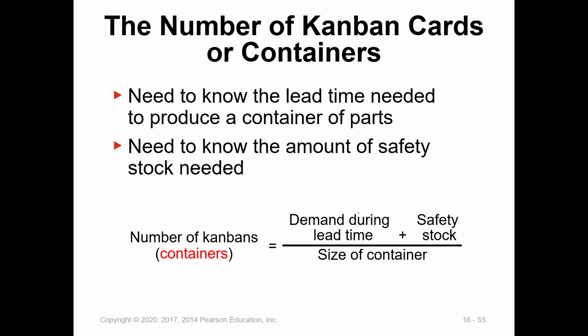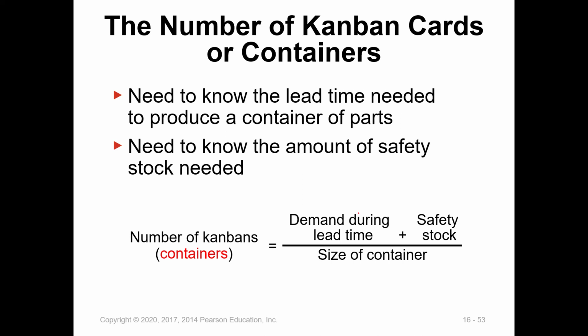So the number of Kanbans is calculated by this equation: demand during lead time plus safety stock, divided by the size of the container. So this formula is used to calculate the number of Kanbans or Kanban containers.